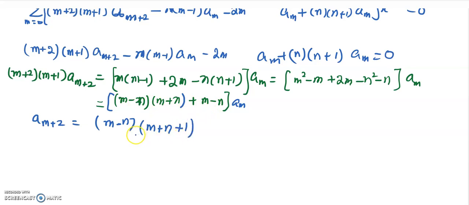Okay, so it will be like this. So, and then m plus 2 and m plus 1 will be here into am. So in this way I will get a recursive relationship, okay, for this.